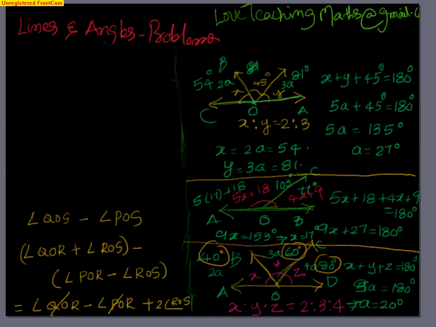Now, a triangle. You know how many points are there in the triangle? 3 points. This is what we have learned, right? How many lines are there? 1, 2, 3. And what are these called? Vertices. So this is A, this is B, and this is C. Now a triangle, as the name itself says, has 3 angles inside it. 1, 2, 3.